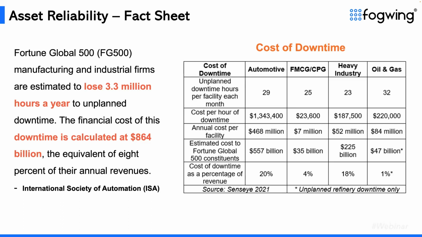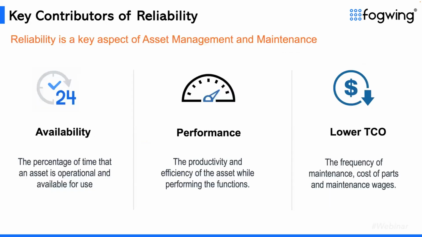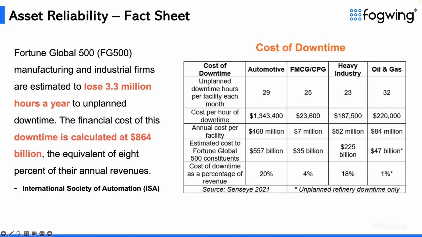Considering downtime as a key factor for reliability, around 3.3 million hours a year have been lost due to lack of machine availability, and that leads to a cost of $864 billion in total downtime cost, operational cost lost to the Fortune companies.